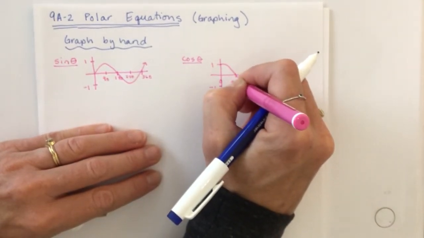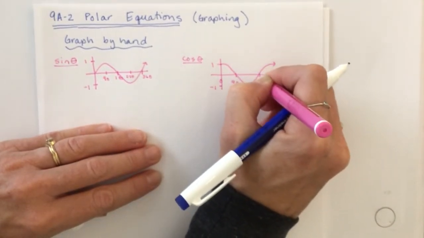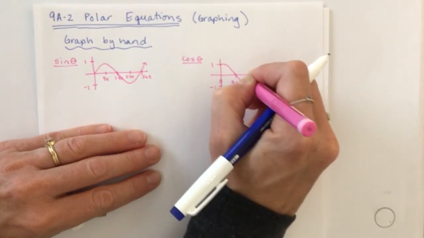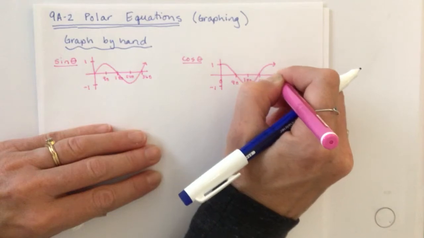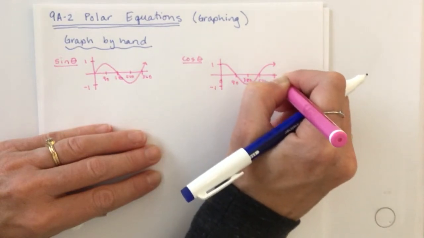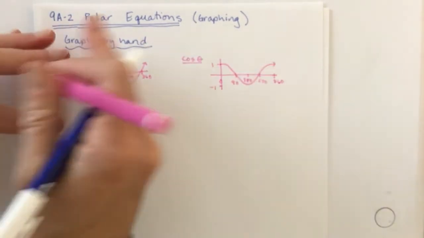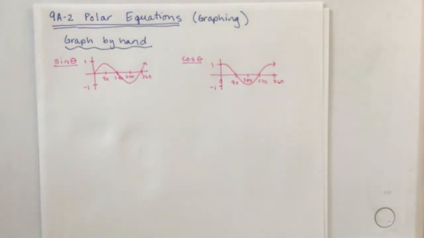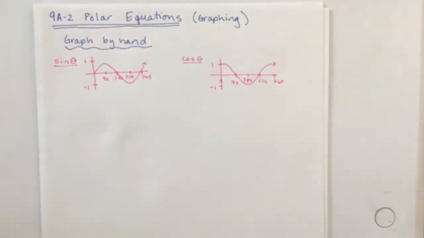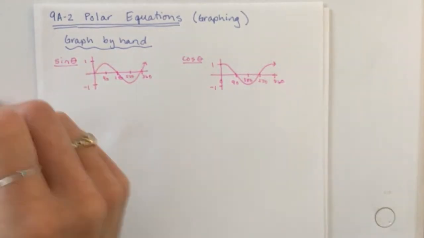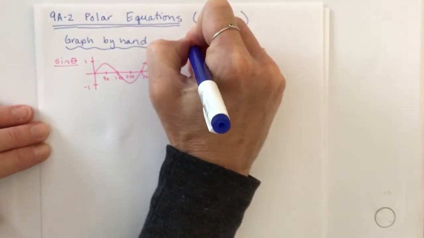And then we're at 0 at 90 and 270 and -1 at 180, and back at 1 at 360. Okay, so now we kind of have those at our fingertips. And you could just keep the unit circle in your mind, but sometimes it's nice to have a visual as well.